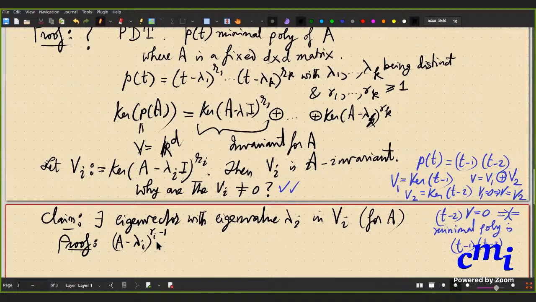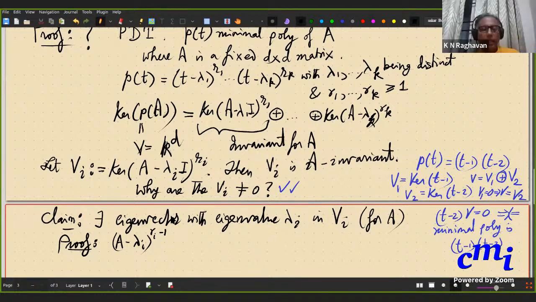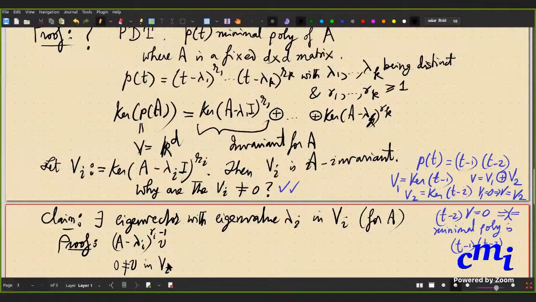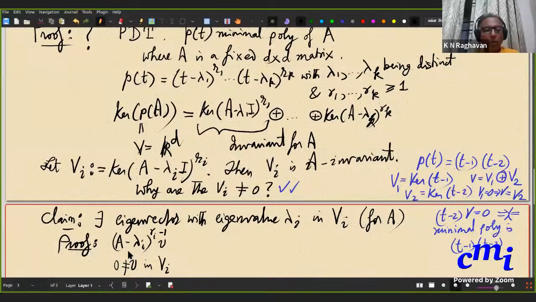Because this Vi contains a non-zero vector, we can take that non-zero vector, which is what we have just shown in Vi. Therefore, acting at this V, this is the eigenvector of A minus lambda I. Why is this non-zero?